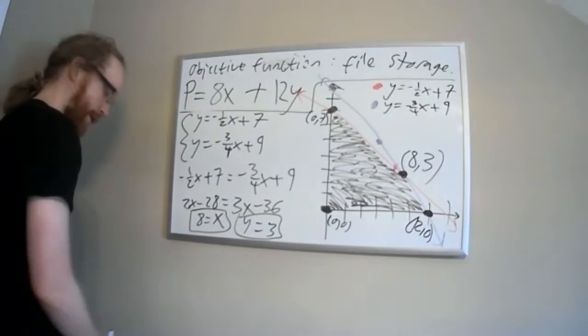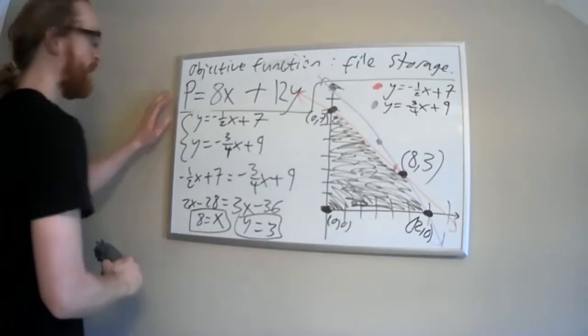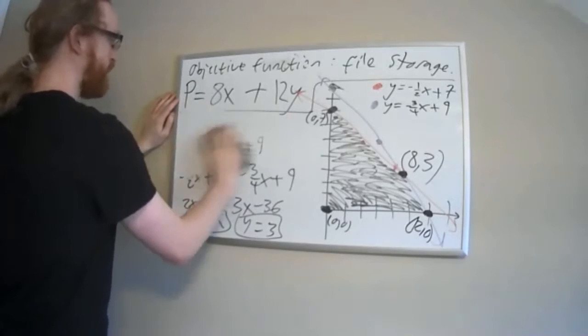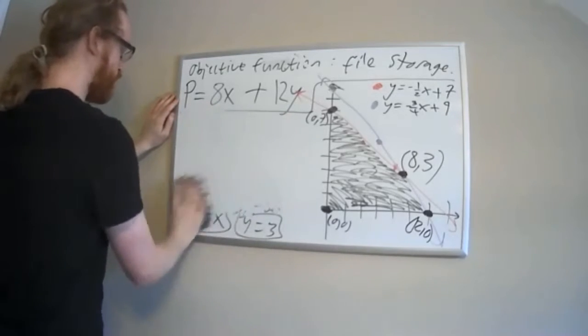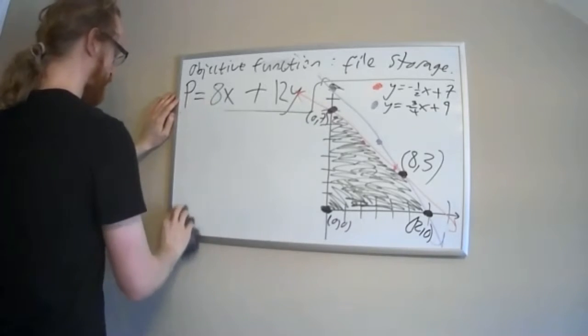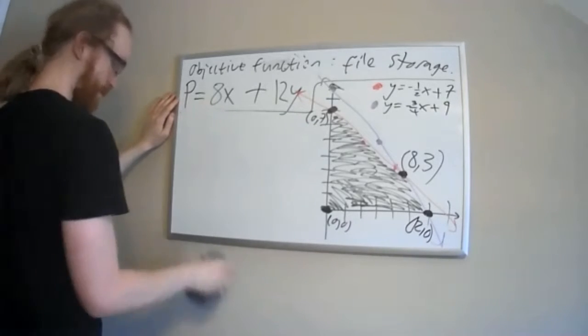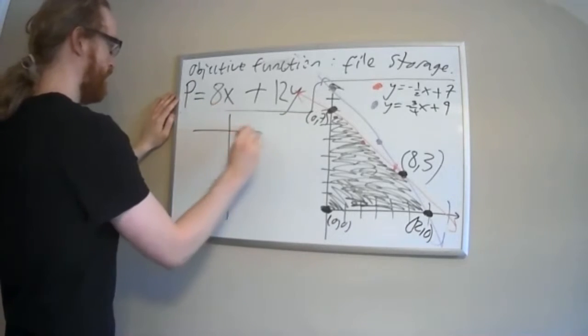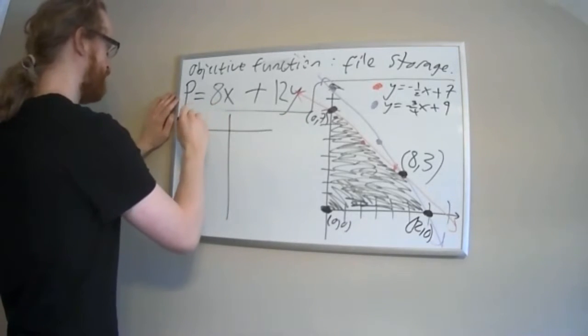So now that I have that, the last thing to do is, of course, plug them all into our function and see what our maximum is. Again, this function represents cubic feet of storage space for the amount of cabinets that I buy, which is what we're trying to maximize. So it's good to remember what these things mean.